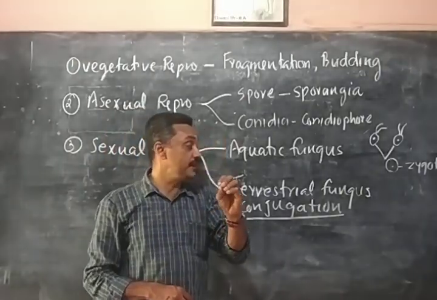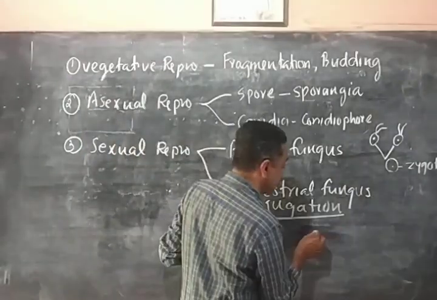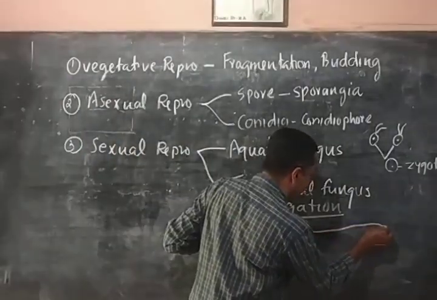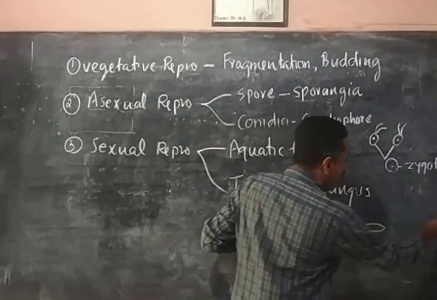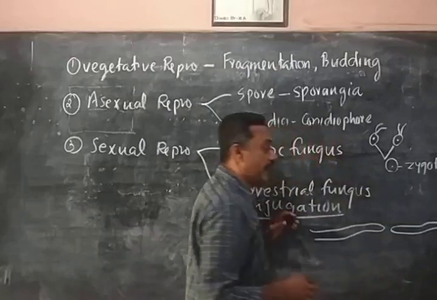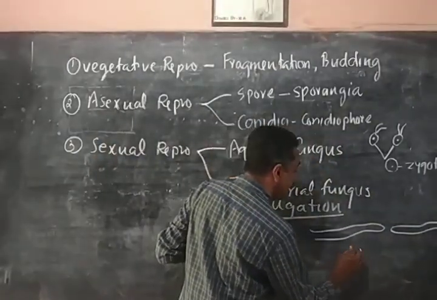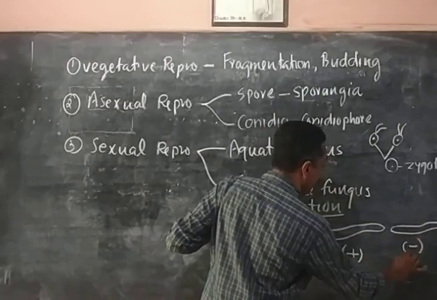Conjugation involves two types of hypha, plus and minus hypha. We can call them plus hypha and minus hypha.